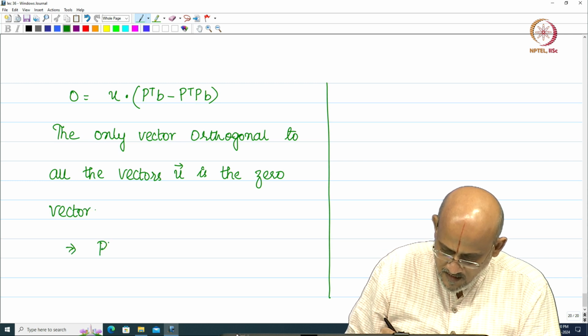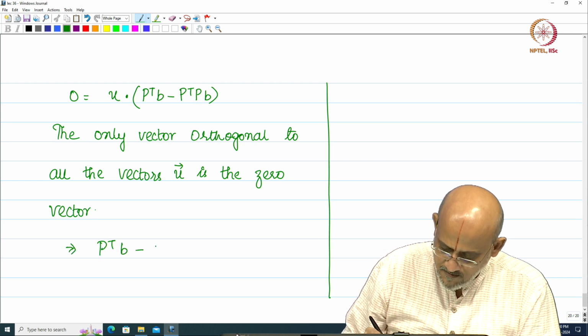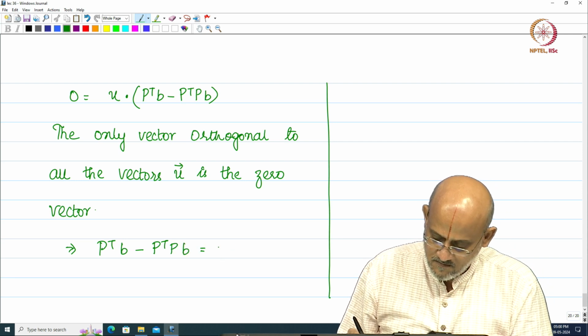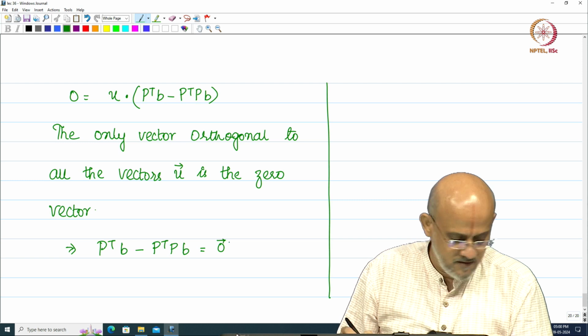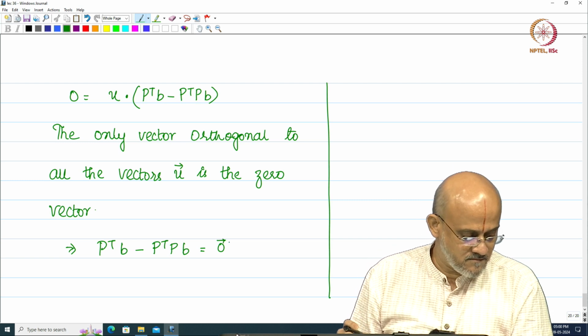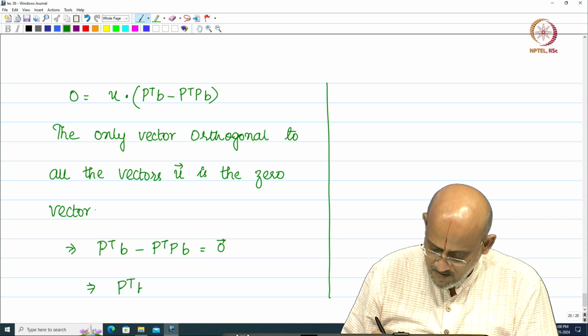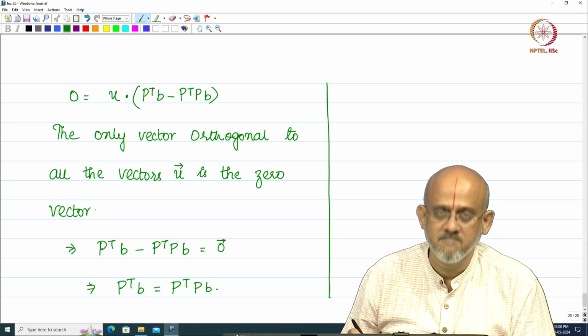Which implies P transpose B minus P transpose Pb is equal to the 0 vector, which implies P transpose B is equal to P transpose Pb.